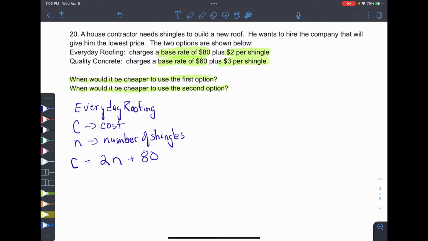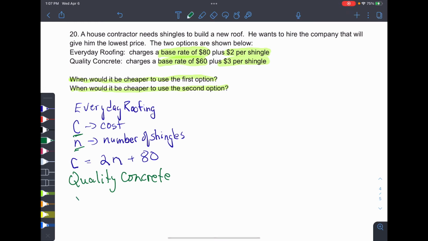All right, let's do Quality Concrete. Okay, we're going to use the same variables. We're going to still use C for cost and N for the number of shingles. And we can write a very similar equation for Quality Concrete.